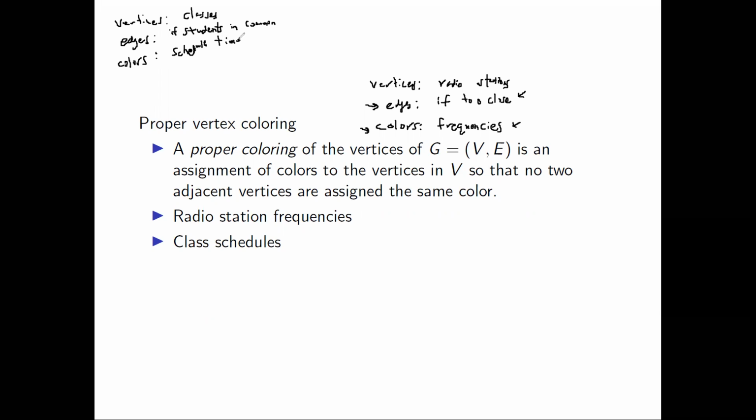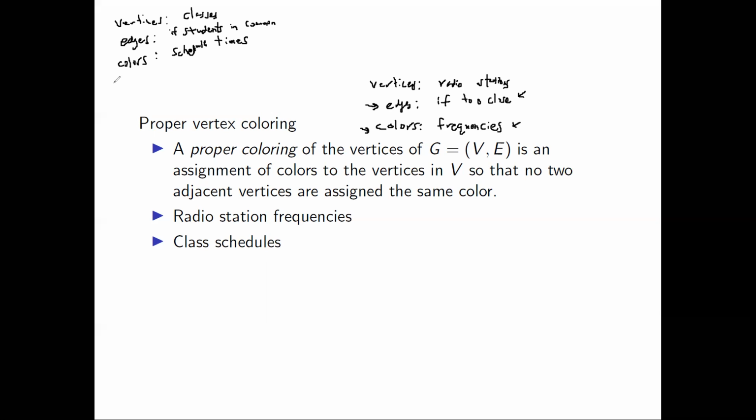So the set of colors would represent a set of disjoint time intervals. So assigning colors to the vertices, we're assigning schedule times to the classes in a way so that any two classes which have students in common will be assigned different schedule times. But if two classes have no students in common, then it's fine to assign them to the same time.